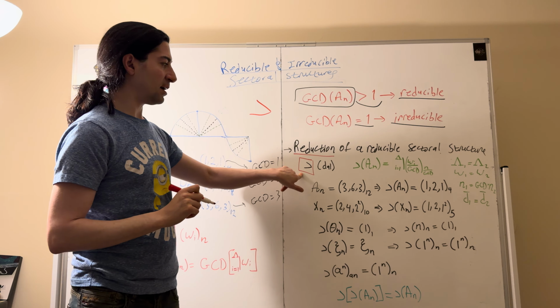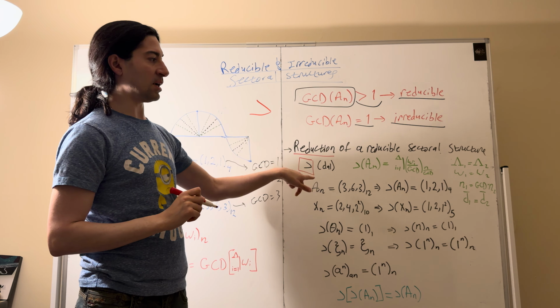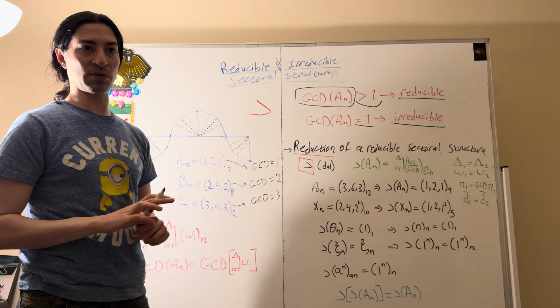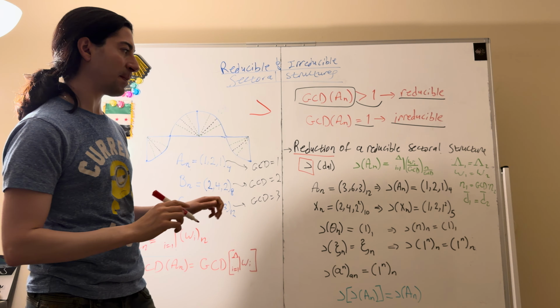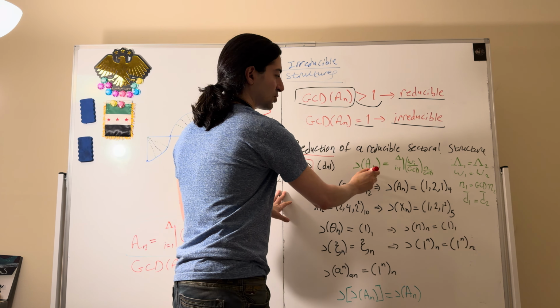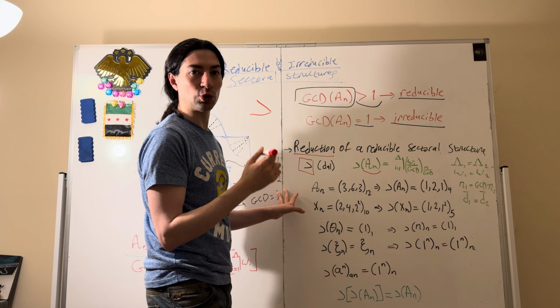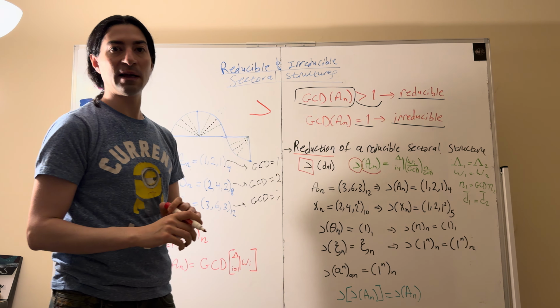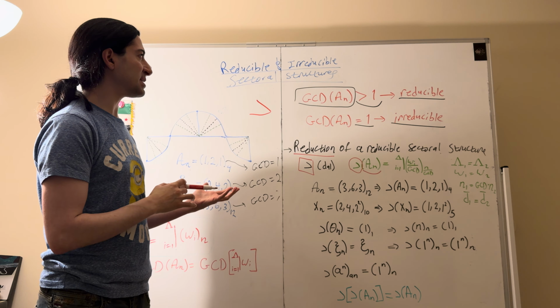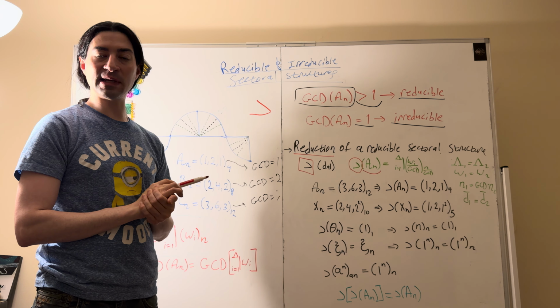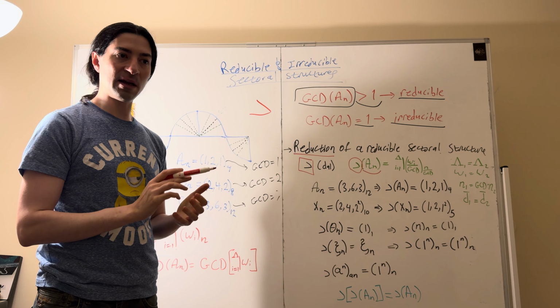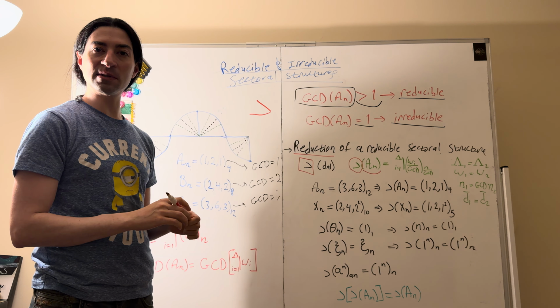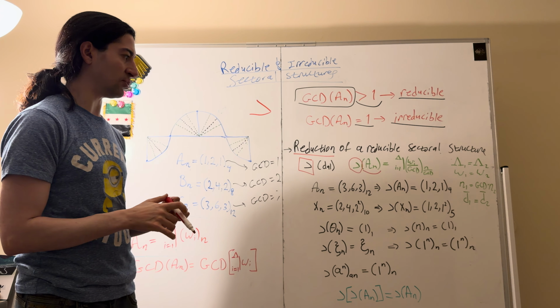So dal will indicate the reduction of a sectoral structure. For example, if we have a sectoral structure A_N and we want to reduce it, we will just place the Arabic letter dal before it. In this mathematical framework, I used a few Arabic letters because they're not commonly used, and it's a good opportunity to incorporate them.